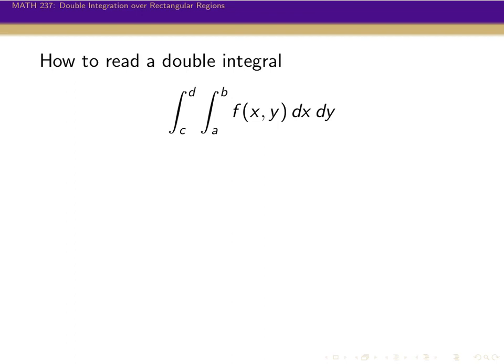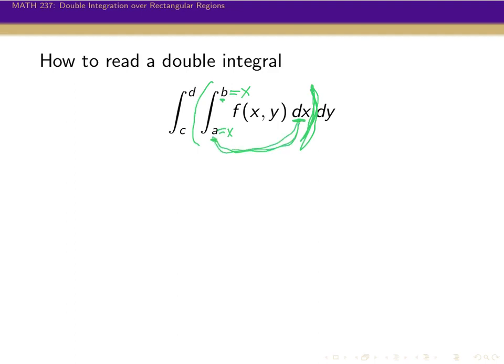Okay. So let's talk a little bit about, if you're just given this double integral, how to read it. And so we talked about this before. So you read it from the inside out, right? And so the inside bounds go with the inside dx. So these bounds, x is going from a to x equals b. And we read that because we have dx on the inside.